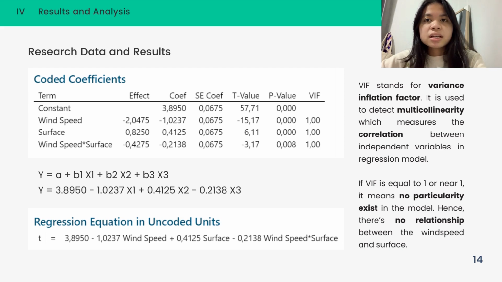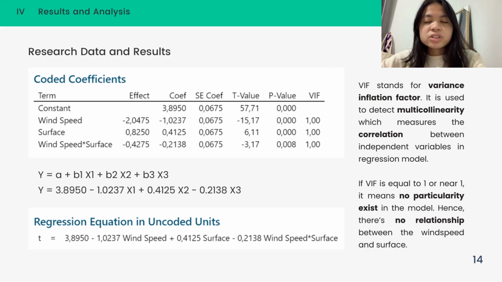So substituting the values, we obtain the regression equation: t equals 3.8951 minus 1.0237 times wind speed plus 0.4125 times surface minus 0.2138 times wind speed times surface.